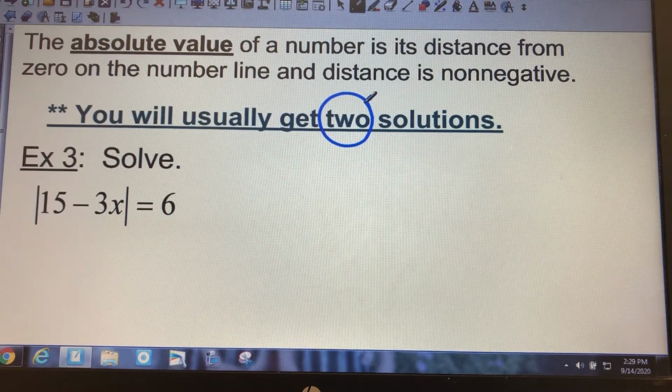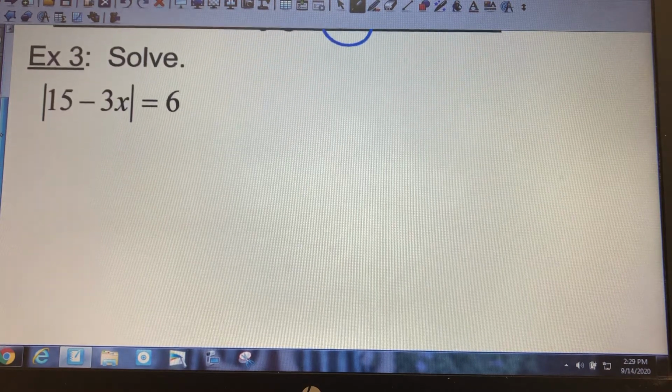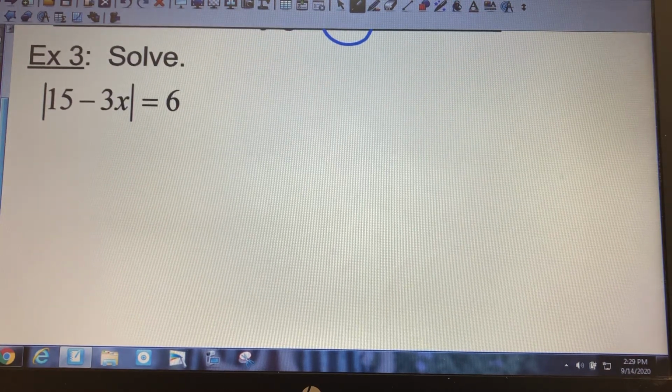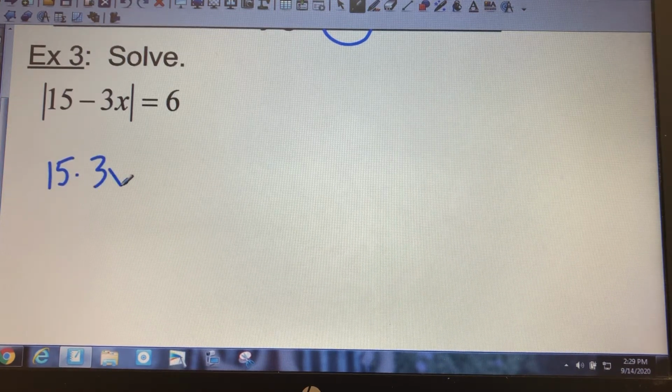All right, so here's our first example with absolute value equations. Now the first thing we need to consider is we need to get the absolute value portion by itself. This example, that's done for us. So what we're gonna do is set up two parts. Okay, the first part, you simply take the absolute value signs away. Okay, that will give us one answer.